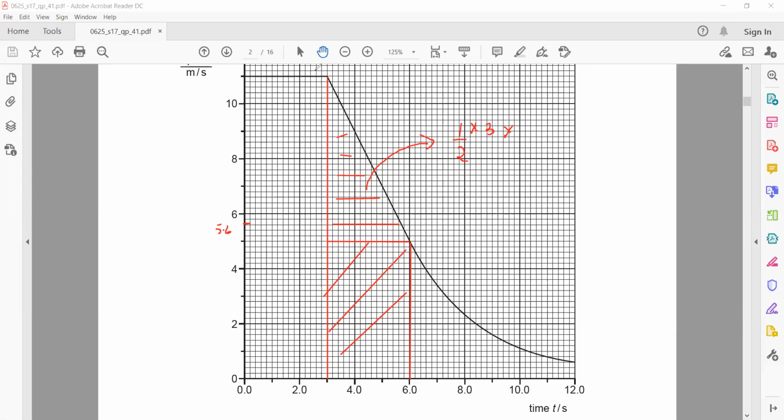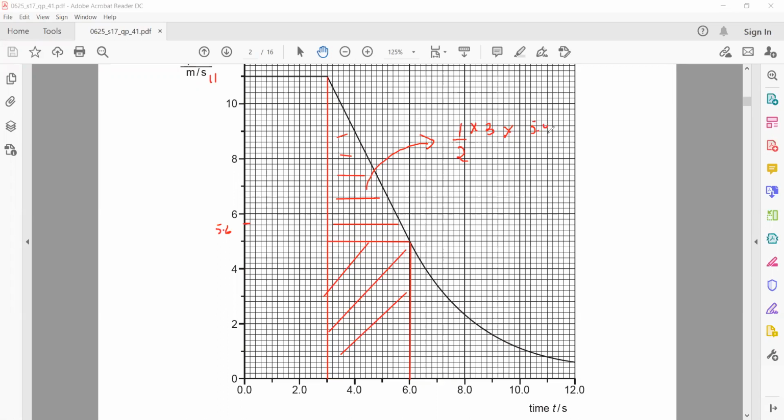So it is starting from 5.6 and going till 11. You can use a trapezium or you can use a triangle plus rectangle. So starting from 5.6 and it is ending at 11. So the height of the triangle will be 11 minus 5.6, which is equal to 5.4.